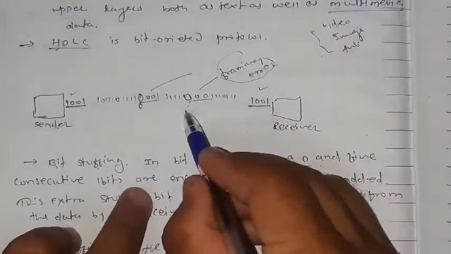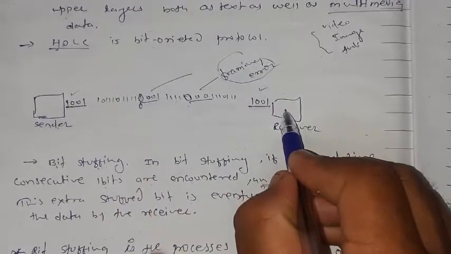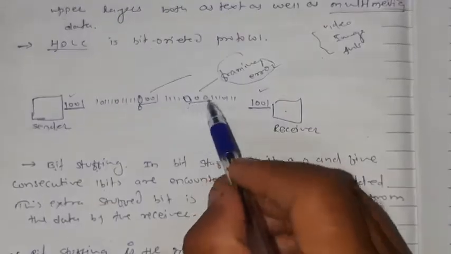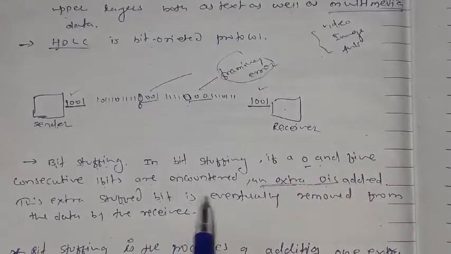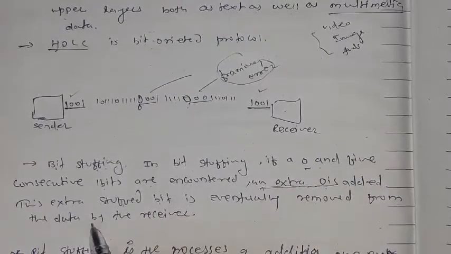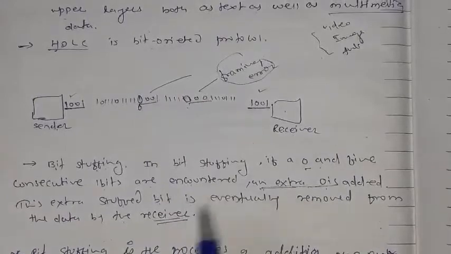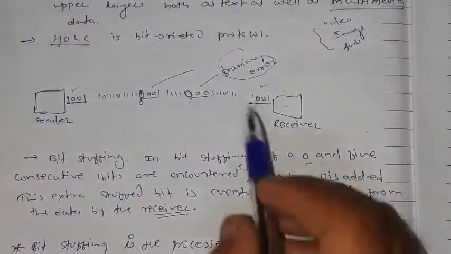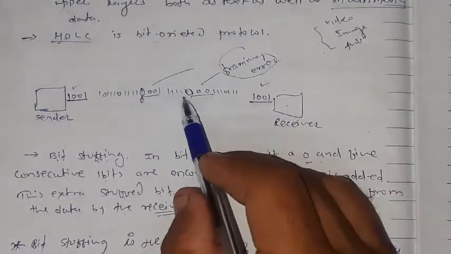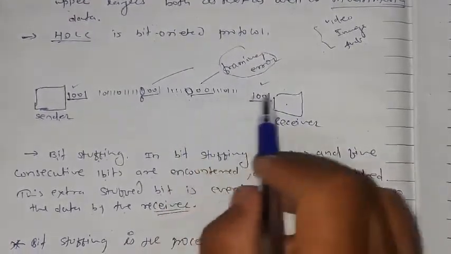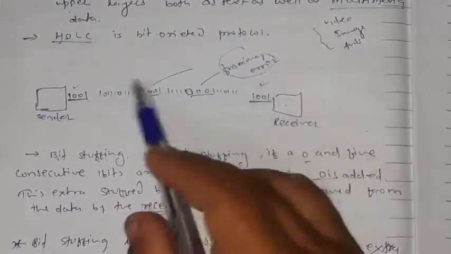After that, on receiving the data at the receiver end, this extra bit is removed by the receiver. This extra bit is eventually removed from the data by the receiver end. The receiver automatically gets the notification from the consecutive ones. It removes that 0 and assumes that is the data part, not a starting and ending part.